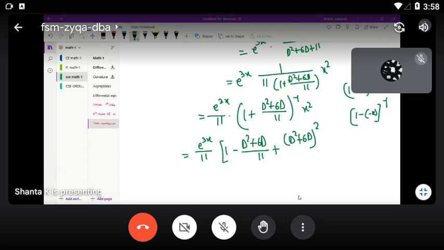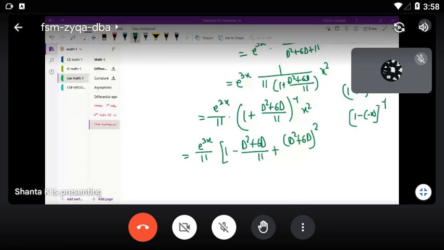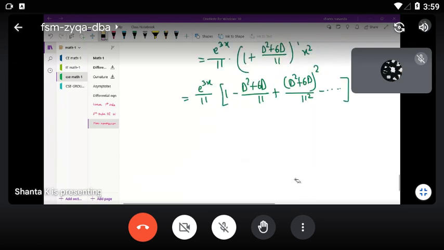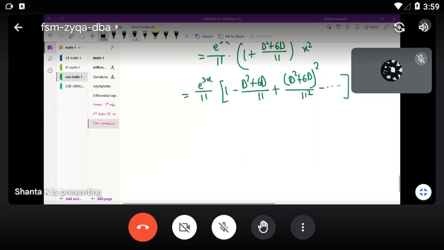So it will be 1 minus x plus x square, because we have this minus; if you make it 1 minus x, it will be plus. The next term is divided by 11 square, then minus, and it goes on. But we have only x square. First time if you differentiate x square, you get x, second time you get 1, and the third time it becomes 0. So we will consider only the D square terms. So here, let me write.